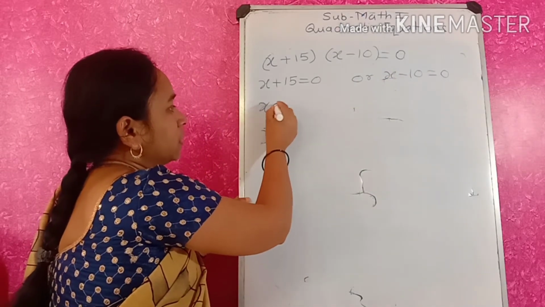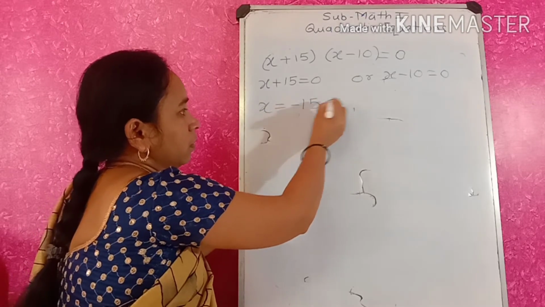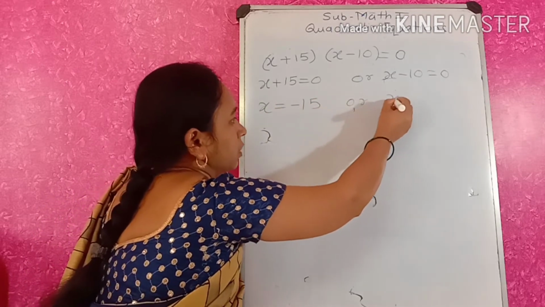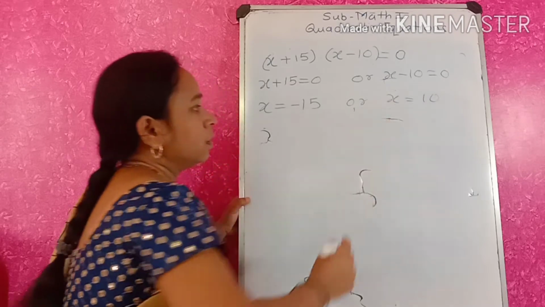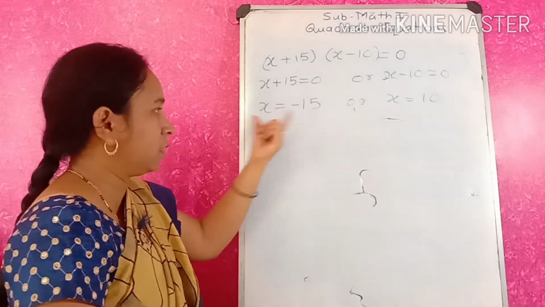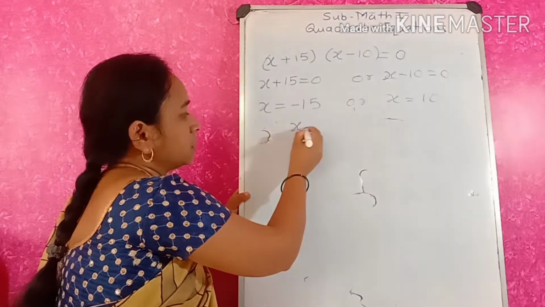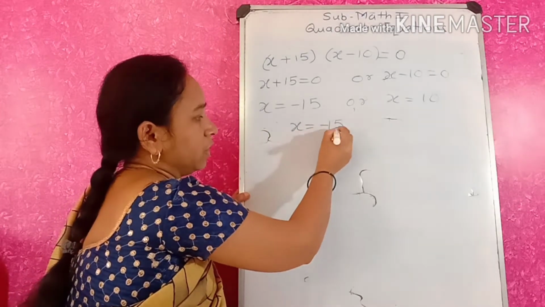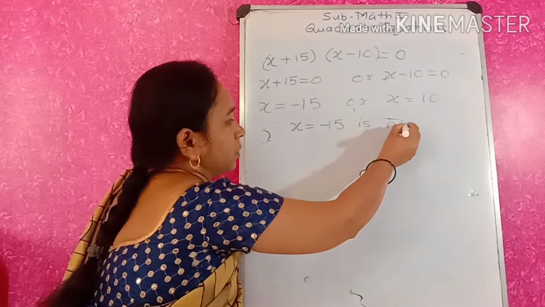Here you will get x is equal to minus 15 or x is equal to 10. Here the number of trees cannot be negative, therefore x is equal to minus 15 is not accepted.